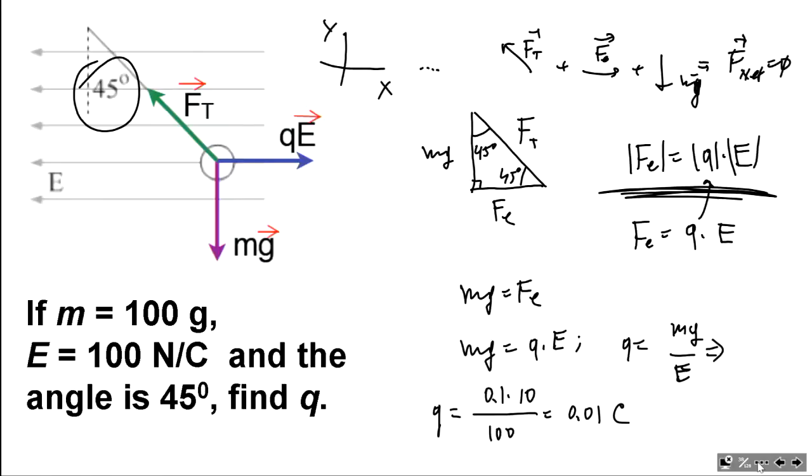Now we have to remember, in this expression, Q represents magnitude. The actual value must be negative because we said so 2 slides ago. So the actual answer is negative 0.01 coulombs.